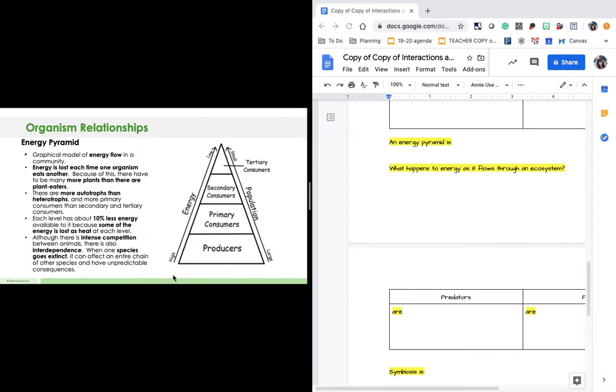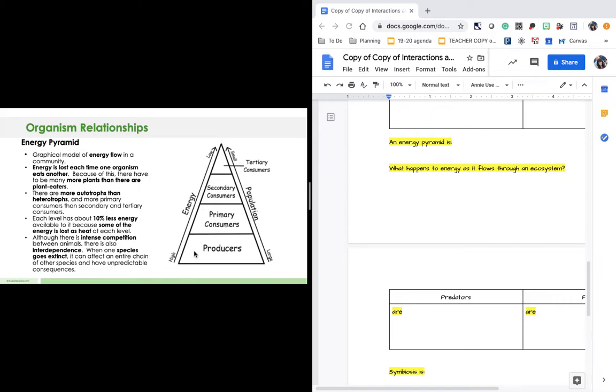So at the bottom, the largest amount of energy is obviously available. It has to be at the beginning of, let's say, a food web. All the producers, there's going to be way more producers available in an ecosystem than at the very top of the food web.